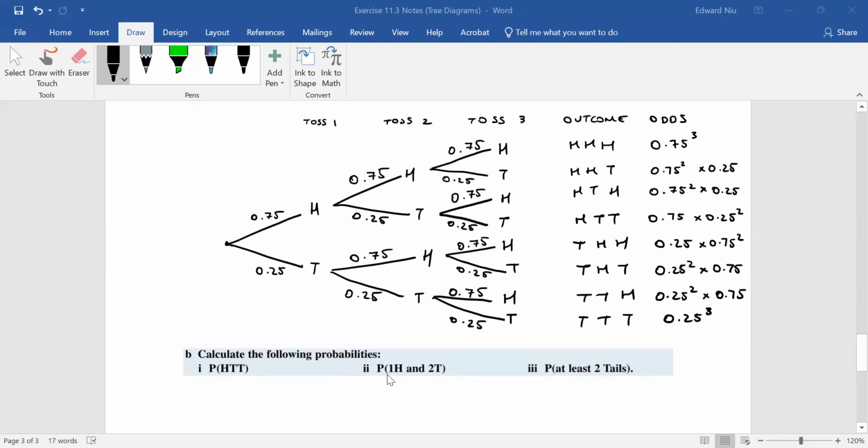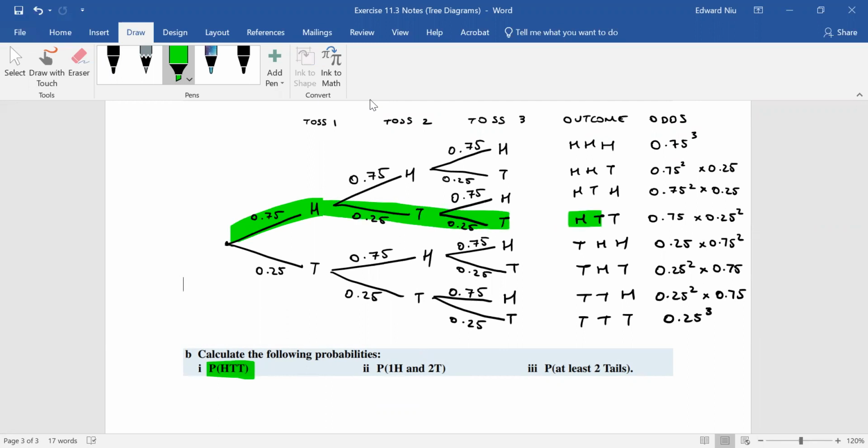Because the other questions you can see here ask for just the probability of 1 head and 2 tails. Now, if it says head, tail, tail, we want a head first, then 2 tails after. All right, so let's investigate which branch this will be. So we get a head first, and then tail and tail, which is this one here.